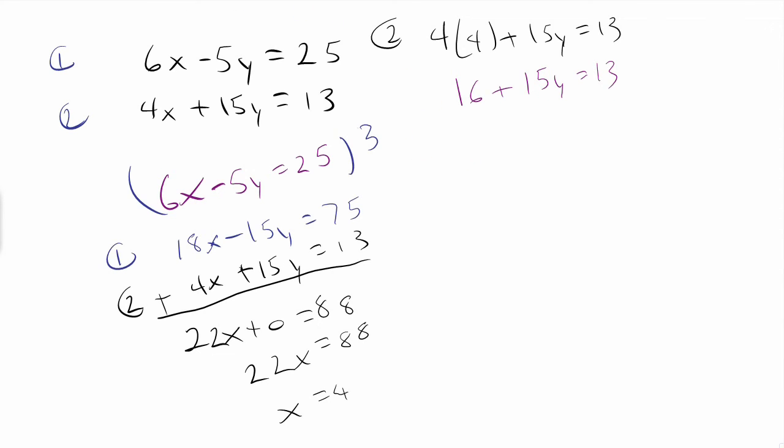If I subtract 16 from the left side and 16 from the right side, I get 15y equals 13 minus 16, which is negative 3. Divide both sides by 15, and I get y equals negative 3 over 15, which simplifies, since 3 goes into 3 one time and 3 goes into 15 5 times.